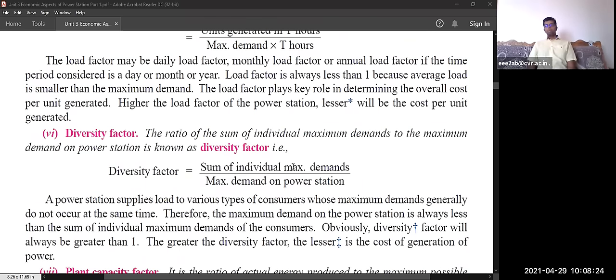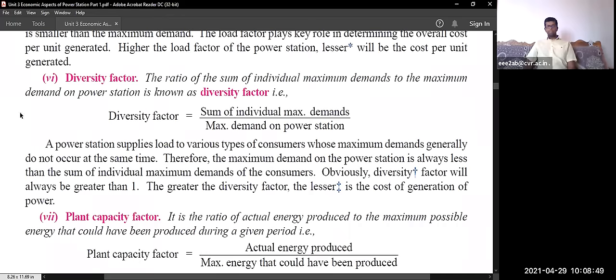Say the maximum demand on the power station is 20 megawatt, so 20 megawatt is taken. Like that, for 24 hours you have to take.